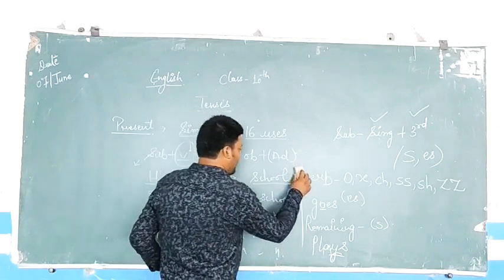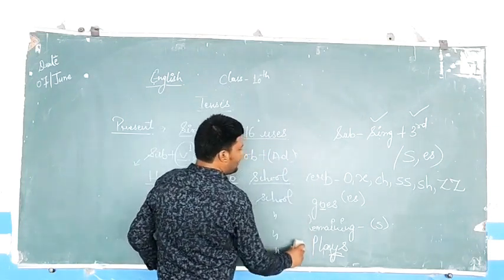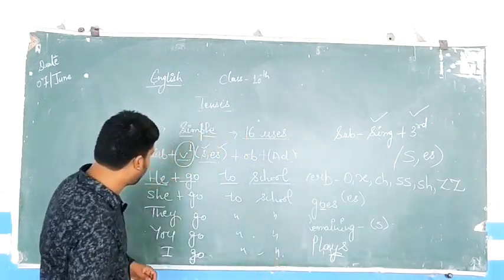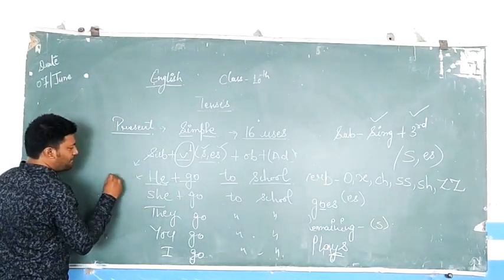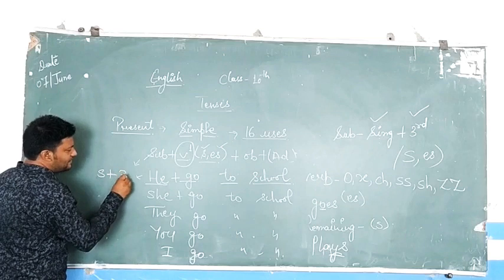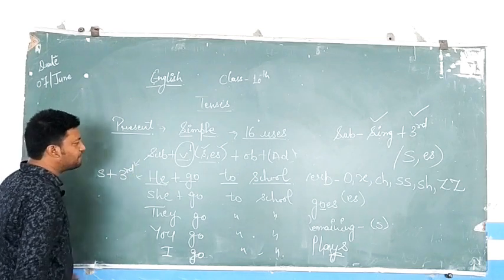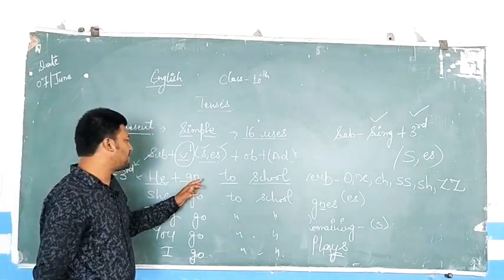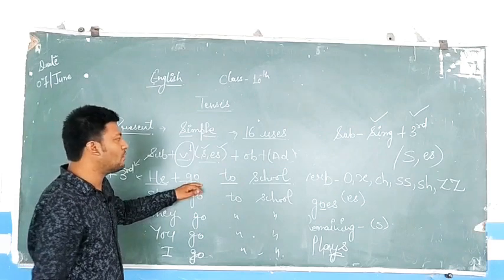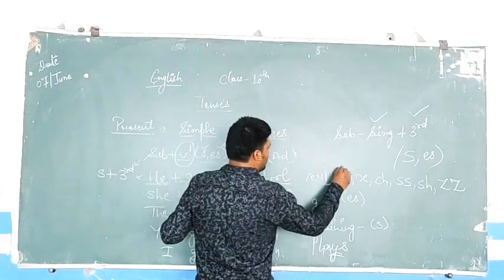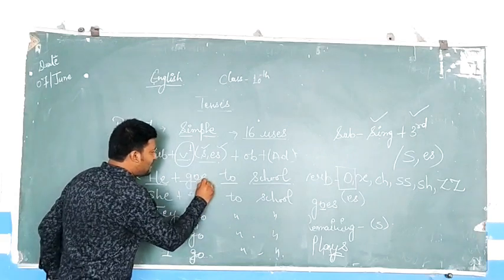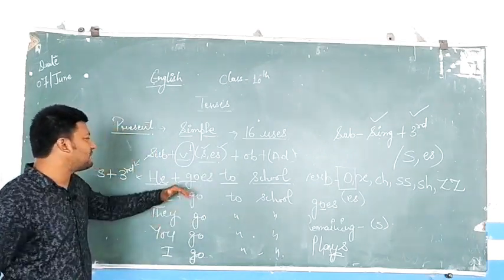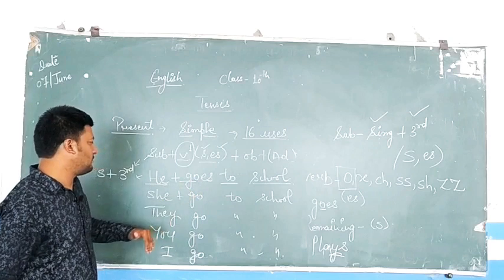Let's take an example so you will understand it in a better way. Here you will see that my subject is singular as well as third person, and my verb ends with o. Here is the o. Then I will use es here and it becomes goes.